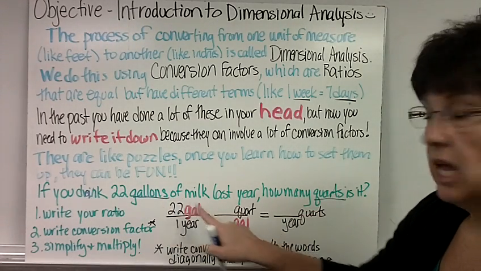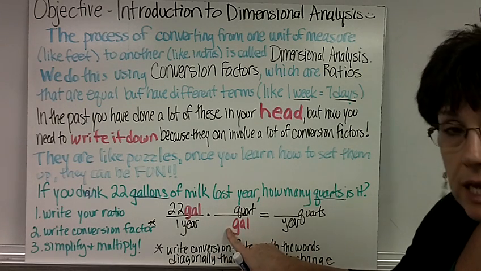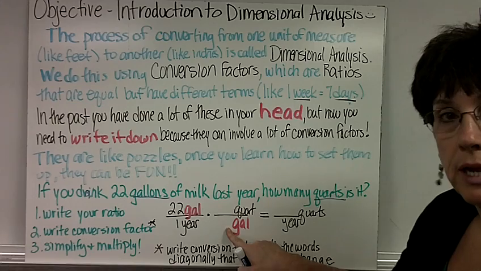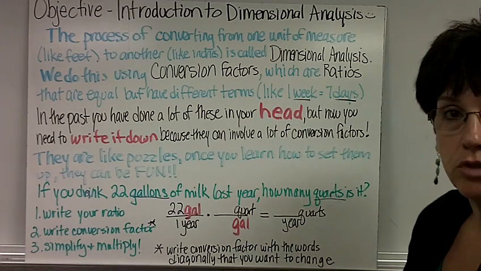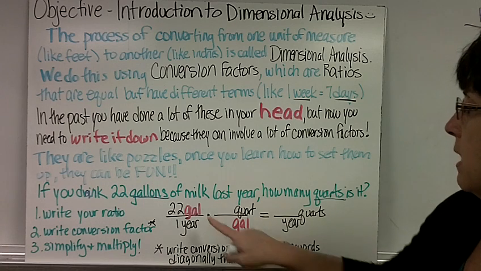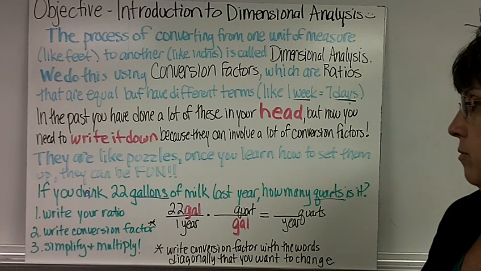So if we want to change gallons, when we write our conversion factor, we're going to write this word diagonally, because this is basically a fraction problem in multiplying, and you know when you multiply fractions, you can reduce anything that's in the numerator and denominator. That's what we're going to do. So I'm going to write gallons that I want to change, and quarts is what I want to get to.